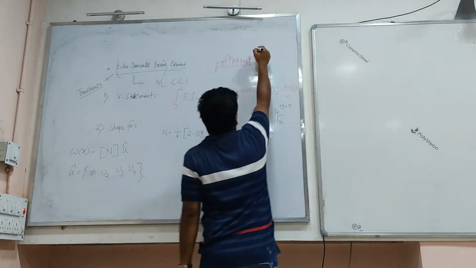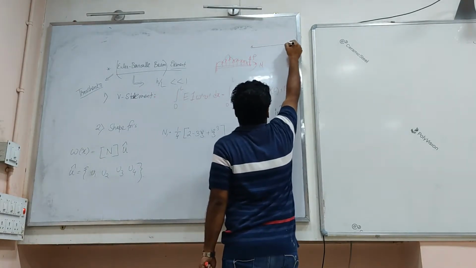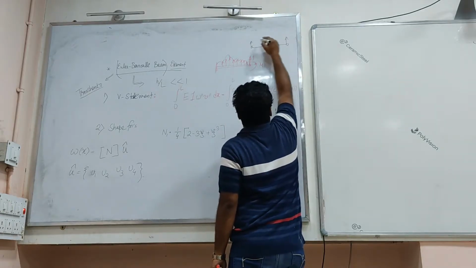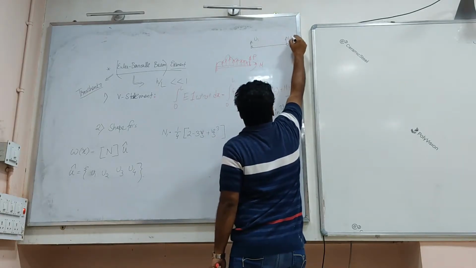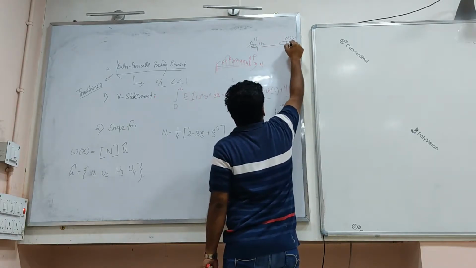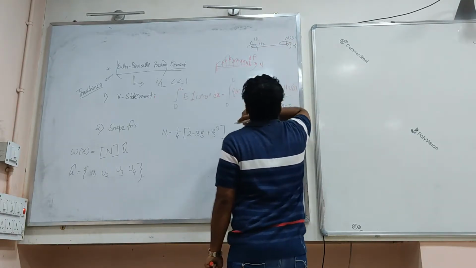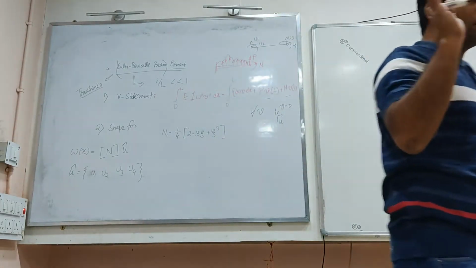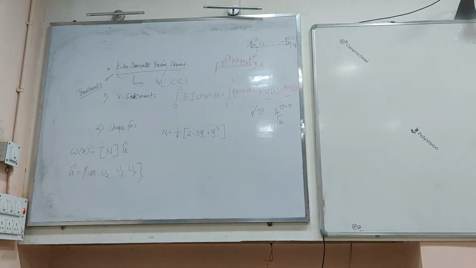If we think of a beam element, these are U1 and U3, and these are U2 and U4, basically the two lateral translational deflections and two rotational deflections.